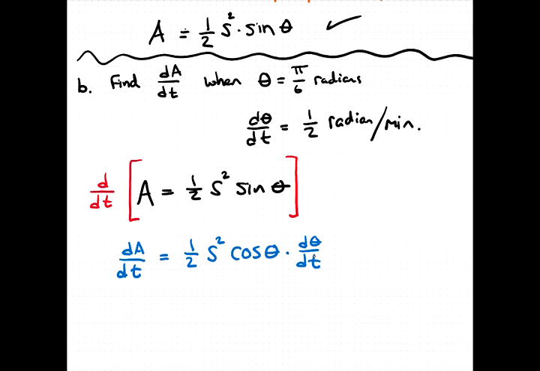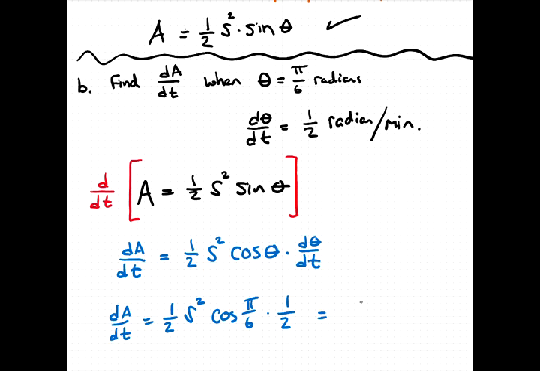All right, so now we could plug in the given values. So now dA over dt is equal to 1/2 times s squared times the cosine of pi over 6 times d theta dt, which is 1/2 radian per minute.